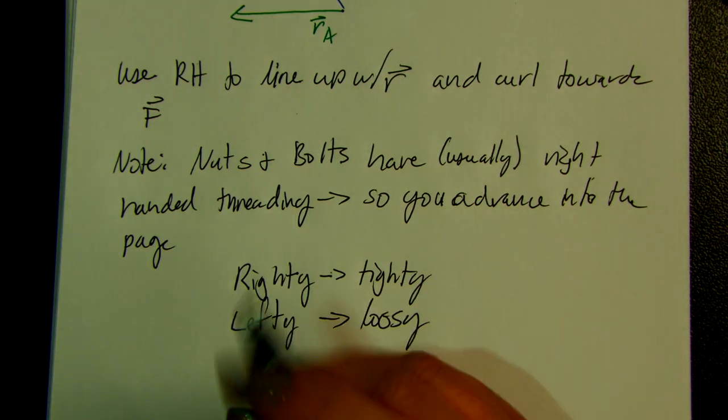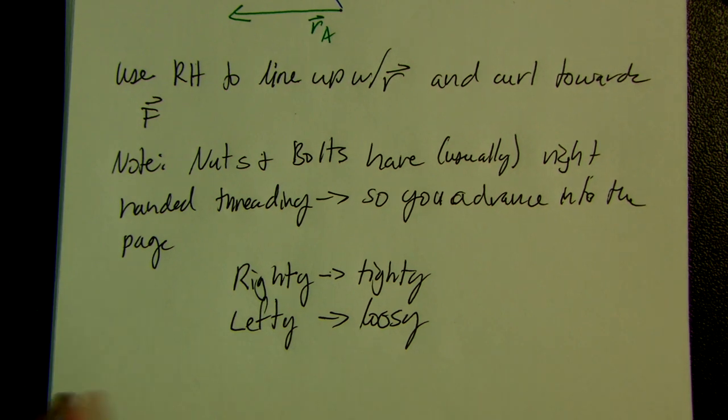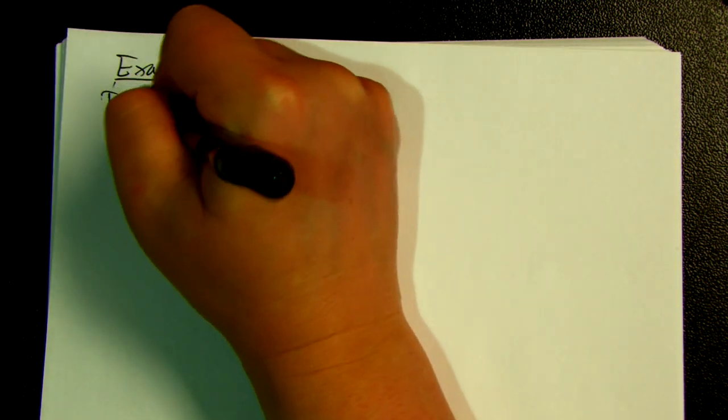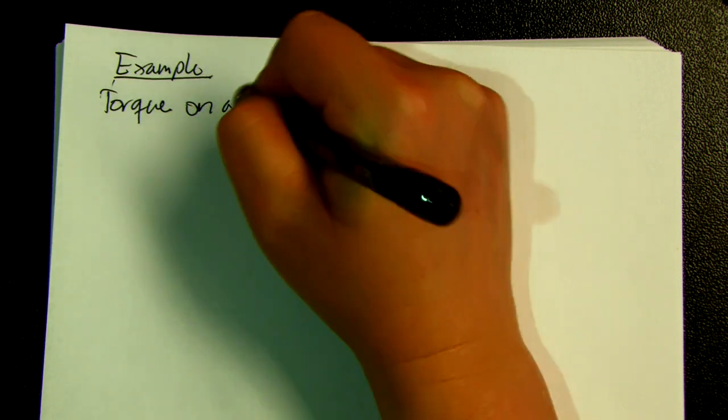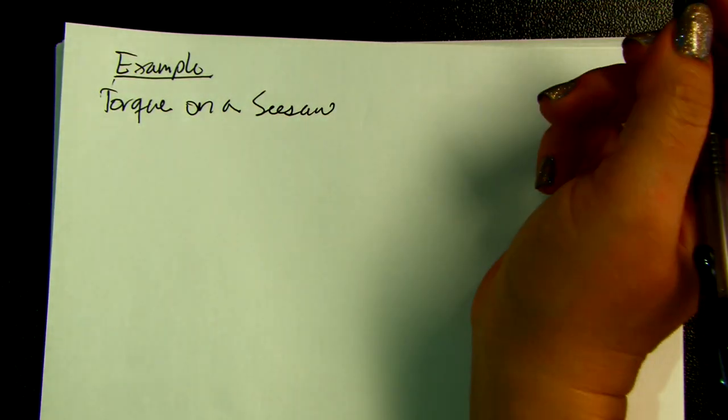Okay, so let us do an example. I'm going to start a new page. See, there's practical applications for physics everywhere, like torquing bolts. Let's think about torque on a seesaw or teeter-totter or whatever you call it.